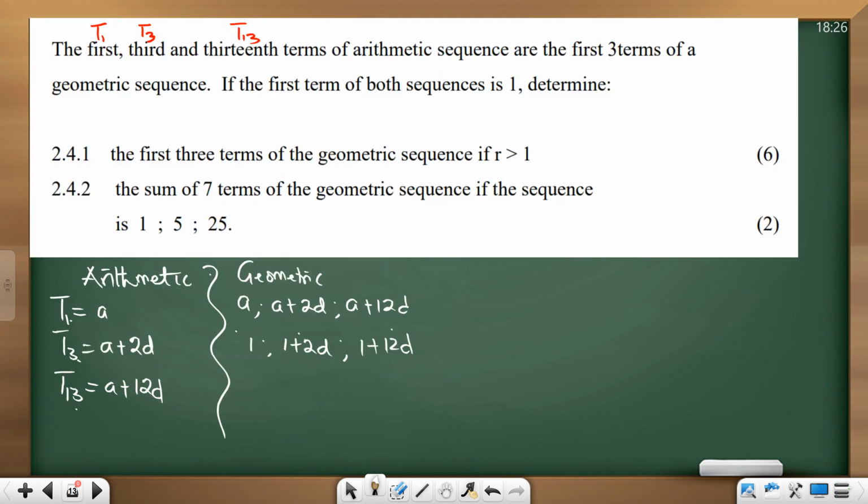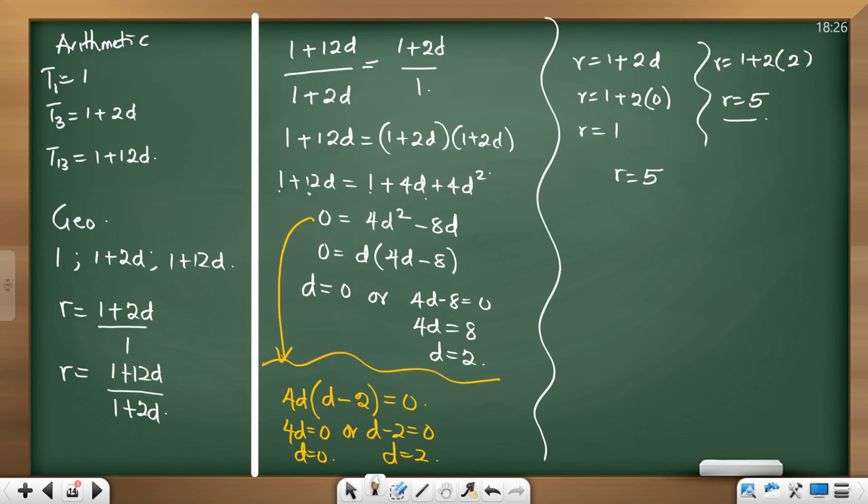It says, what are we looking for? The first 3 terms of the geometric. I already have the first one, which is 1. Okay? So my geometric will be 1. We replace 5 there, right? 2 times 5? 10. Plus 1? 11.